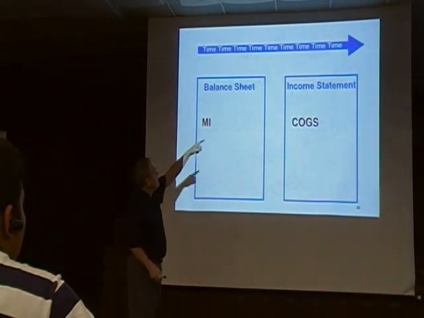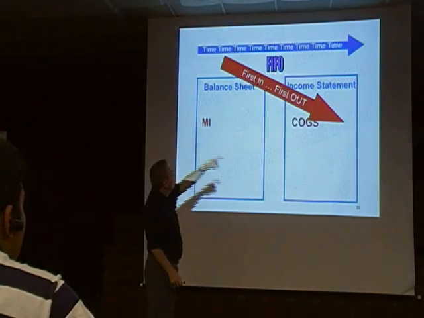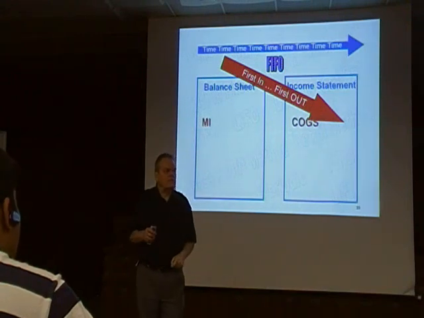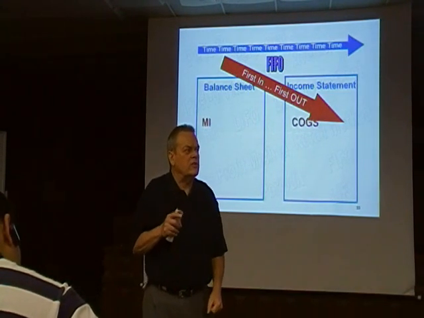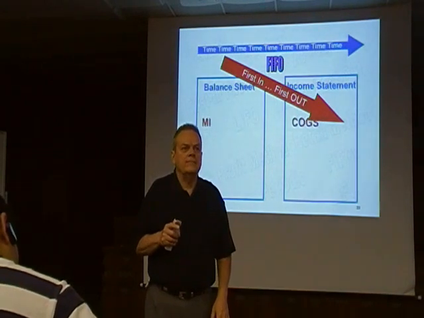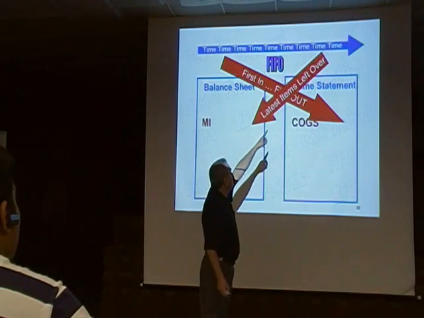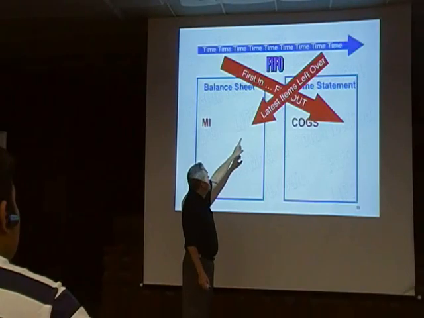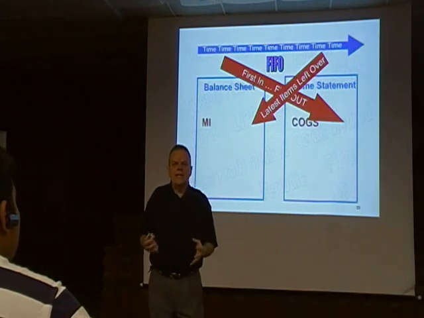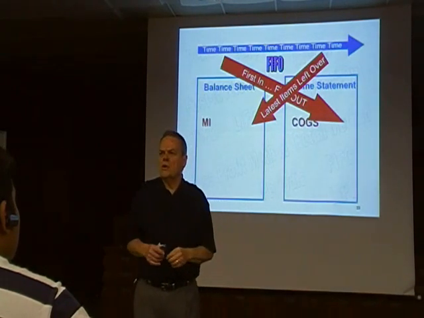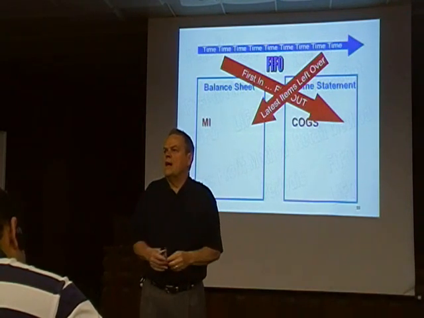FIFO says, here's the timeline from the top, that the first good in, the oldest item, is the first good out. FIFO says that whatever we acquired first is going to cost of goods sold on the income statement. And when we start looking for goods that we have left over, we're going to look at the end of the line. Those goods at the end of the line, the ones that we bought recently, are going to the balance sheet, ending inventory. Merchandise inventory on the balance sheet is comprised of the recent items we've acquired.